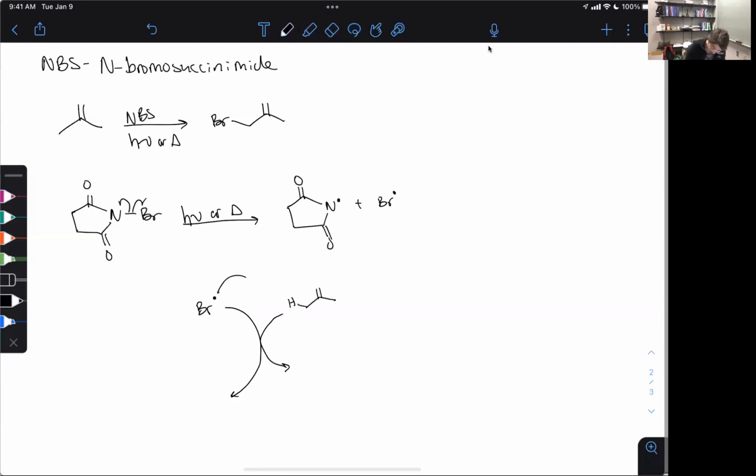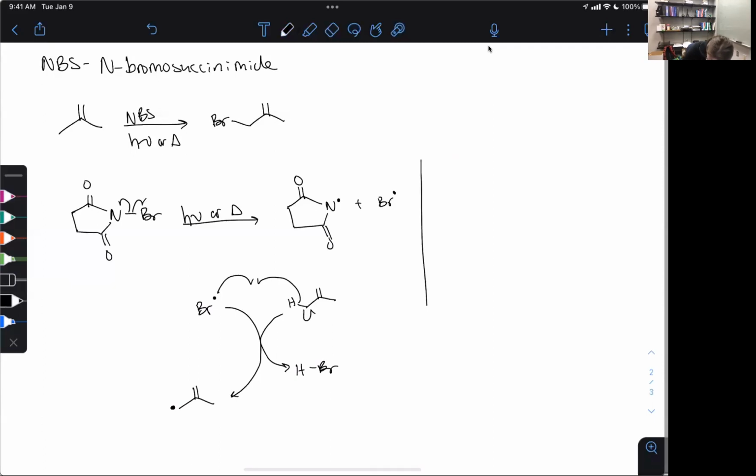Okay, so we've seen those a few times now. So we're going to go get that hydrogen atom and end up with a carbon radical. So down here, we're going to have our carbon radical. And then over here, we've made HBr. Okay. So at this point, you're looking at it going, well, I should be able to do an alkene reaction with that HBr, but something else happens instead with that HBr.